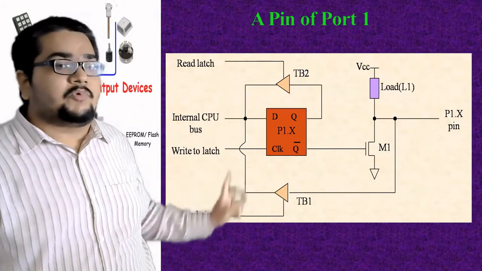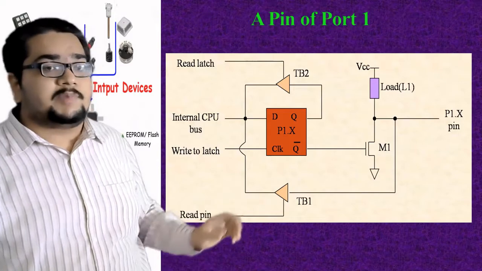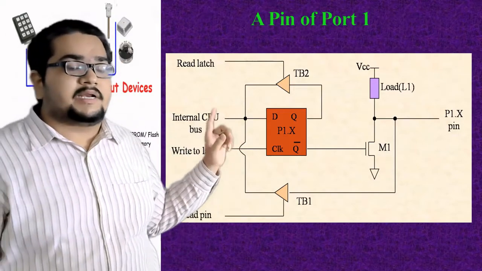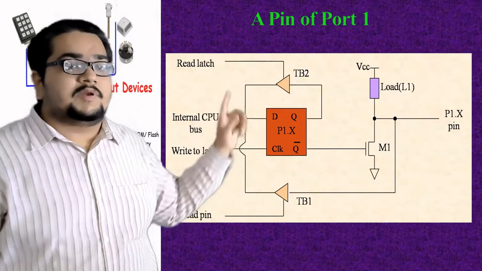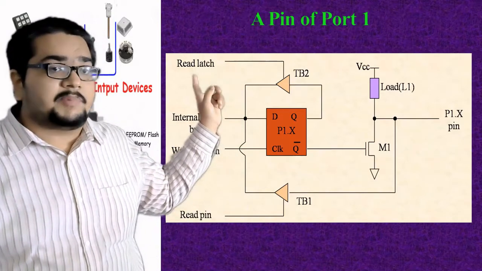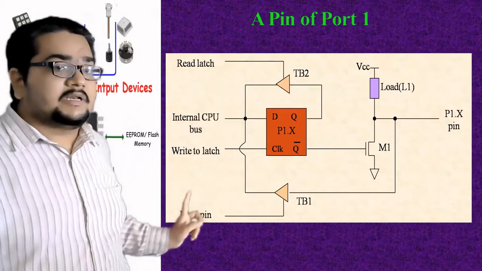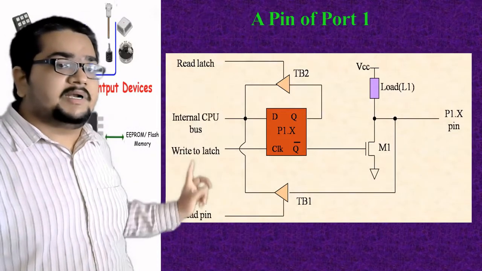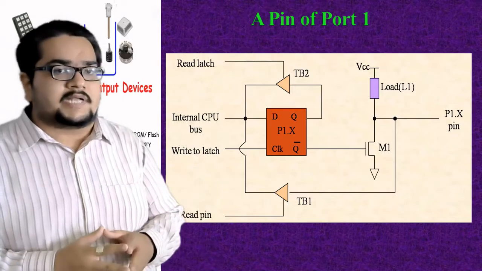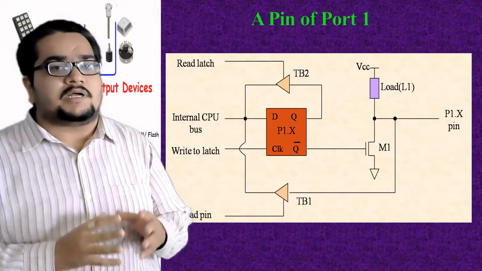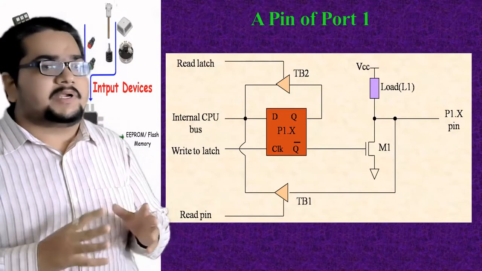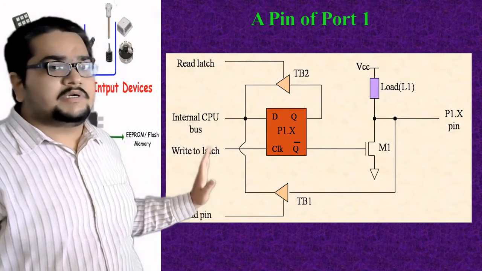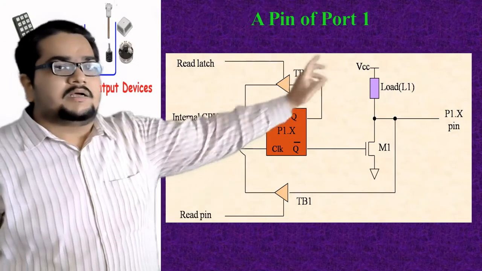These signals are very important because they come from the internal processor of the 8051, and whether it is a reading or writing operation is driven by these three lines: read latch, read pin, and write to latch. These three lines are driven from the processor side to carry out reading and writing operations upon a particular IO pin. Just have a look at this and try to understand the configuration connected here.